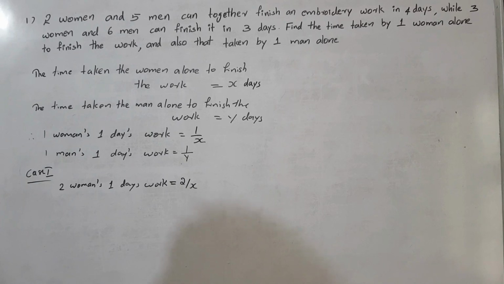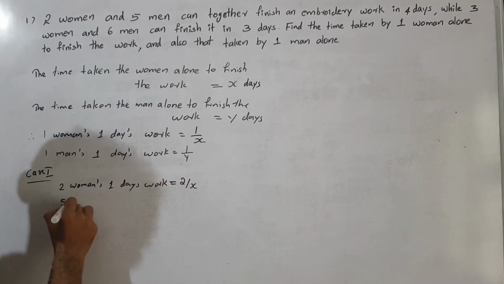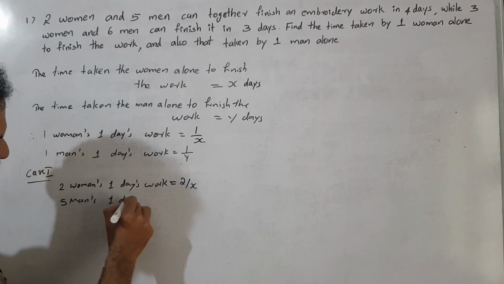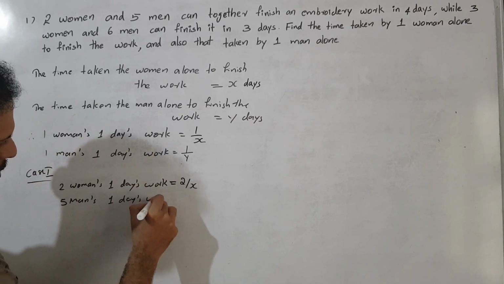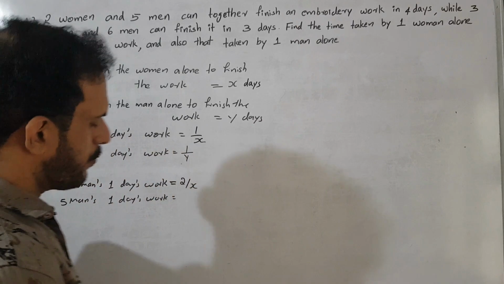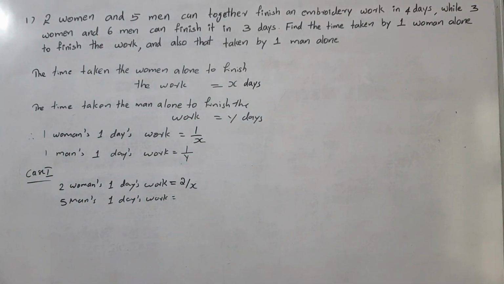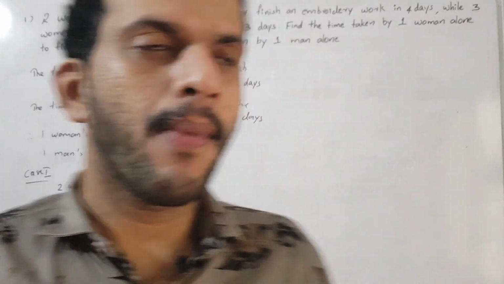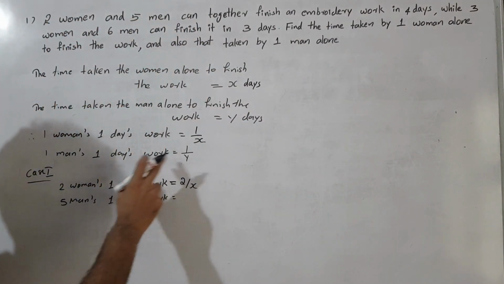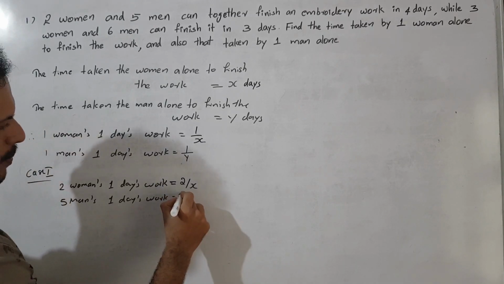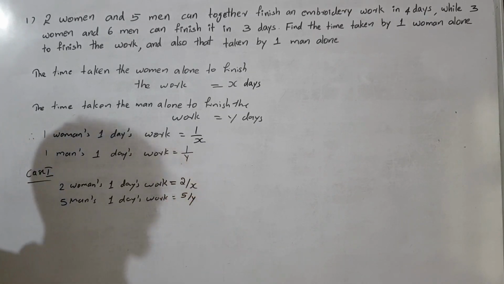5 men's 1 day's work is equal to, what do we write? 1 man's 1 day's work is 1 by y. So 5 men's 1 day's work is 5 by y. Okay.